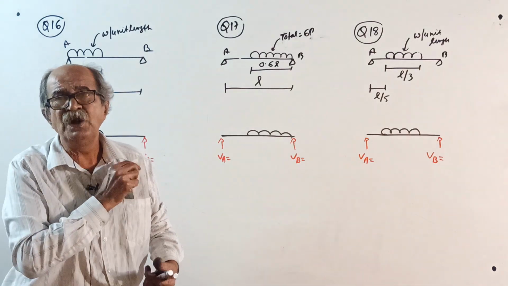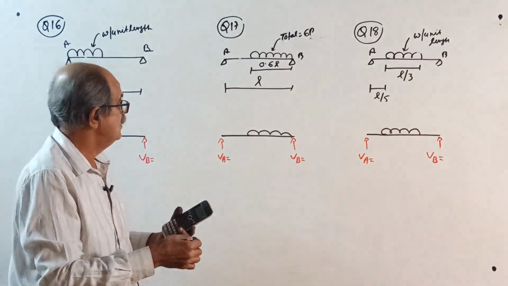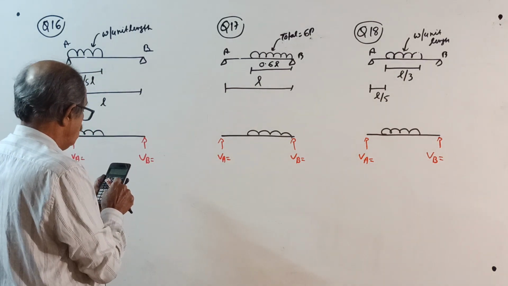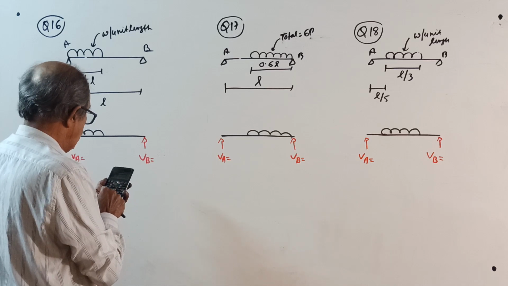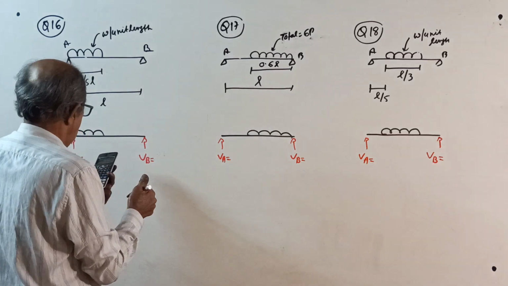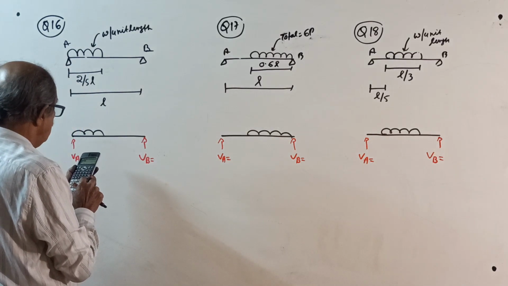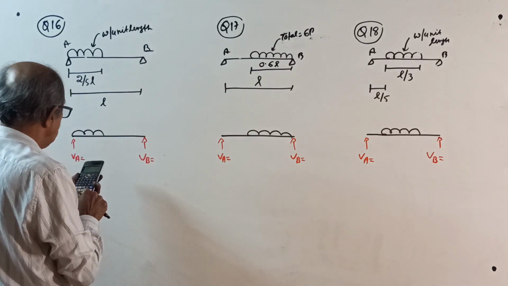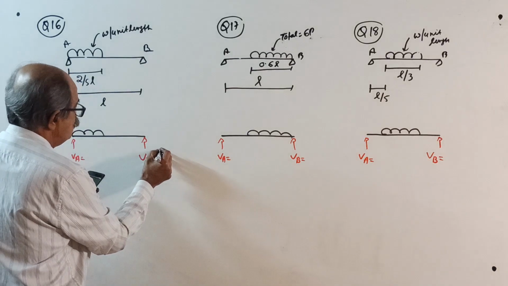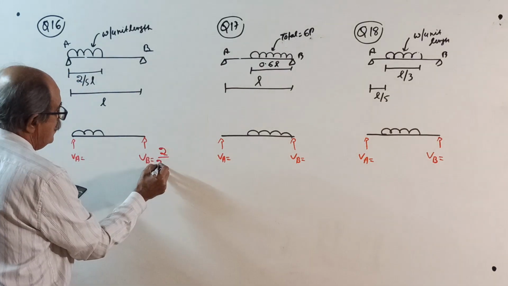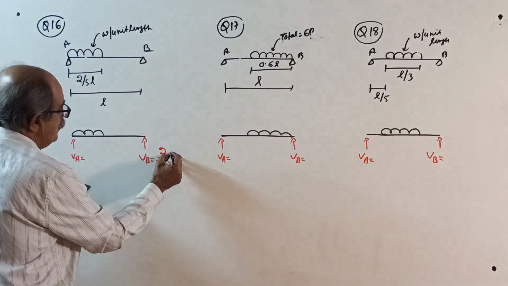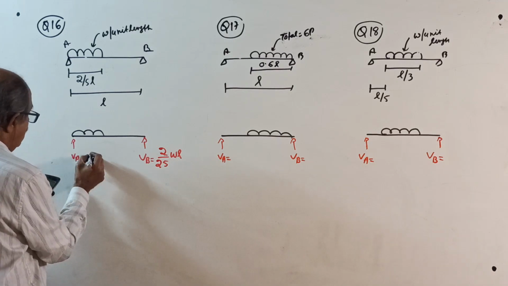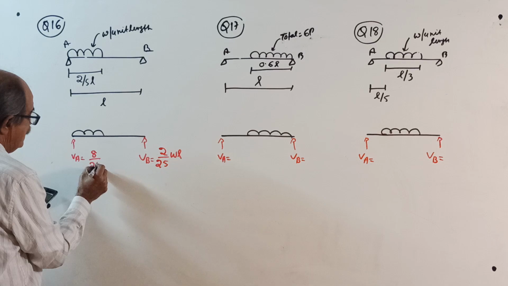That means they do not want decimal. You write in the same pattern. Now, 2 by 5 equal to square, calculator is not on. 2 by 5 is 0.4. 0.4 square divided by 2. That's all. Some problem in the calculator, mode 1. Okay. 0.4 square divided by 2 is 2 by 25. 2 by 25 WL. 8 by 25 WL.